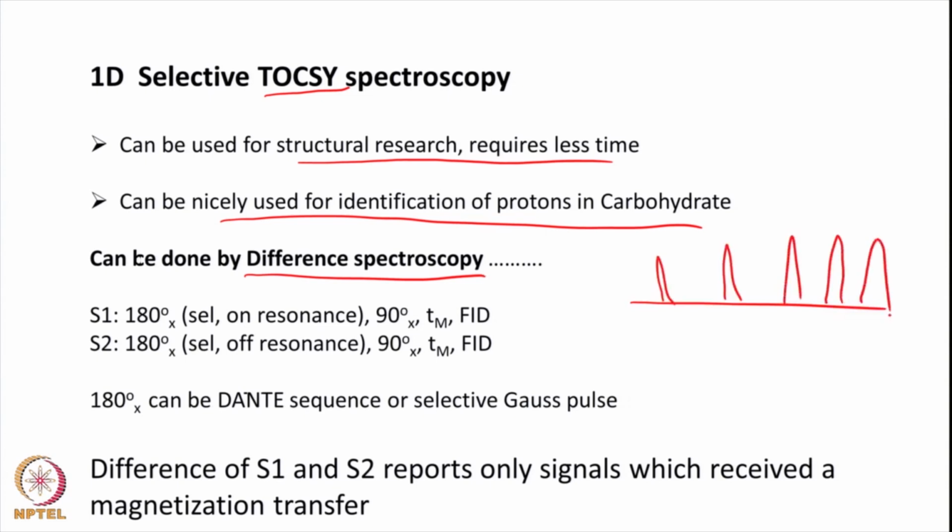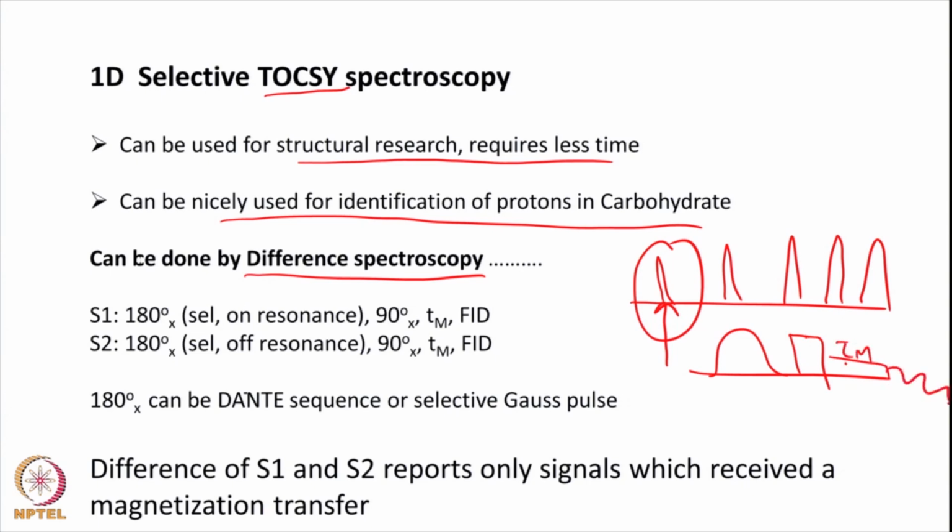In the first experiment I apply a 180 degree pulse selectively on one spin, then we apply a 90 degree pulse on all spins, then we have a spin lock or mixing period, tau mixing, and then we detect the FID. This is our first experiment.